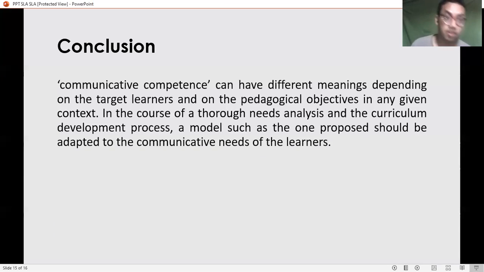We have interactional competence, discourse competence, formulaic competence, and sociolinguistic competence, and the model that implies pedagogy will be the same. For example, the needs of the culture. Culture impacts our communicative competence. So I think communicative competence has different meanings depending on the target learners.